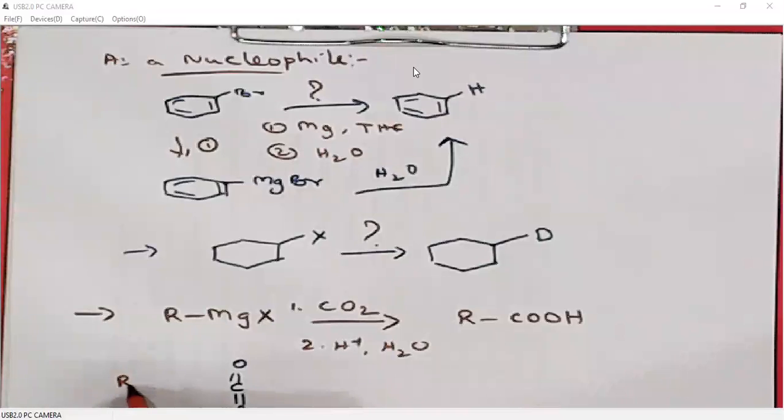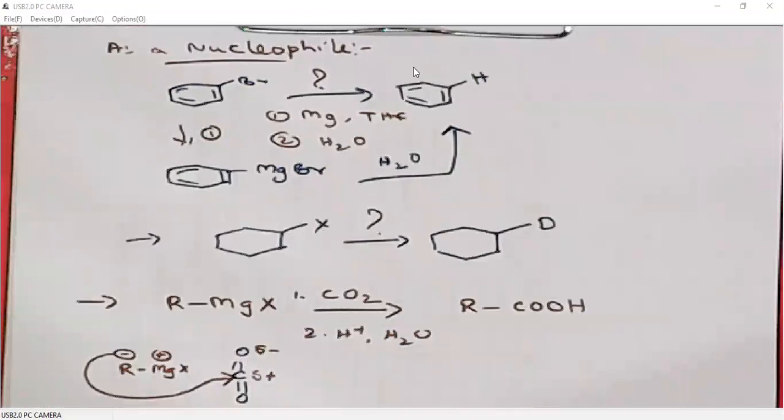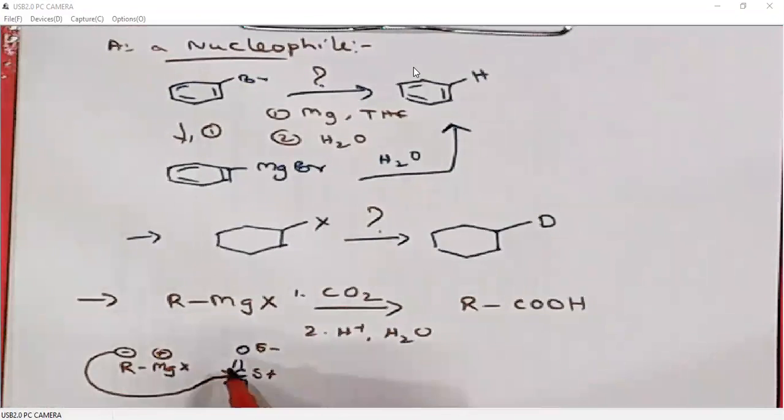Grignard reagents are nucleophilic in nature. Here carbon is partially positively charged, oxygen is partially negatively charged. So R minus will attack on carbon, then the C double bond will be polarized towards oxygen.